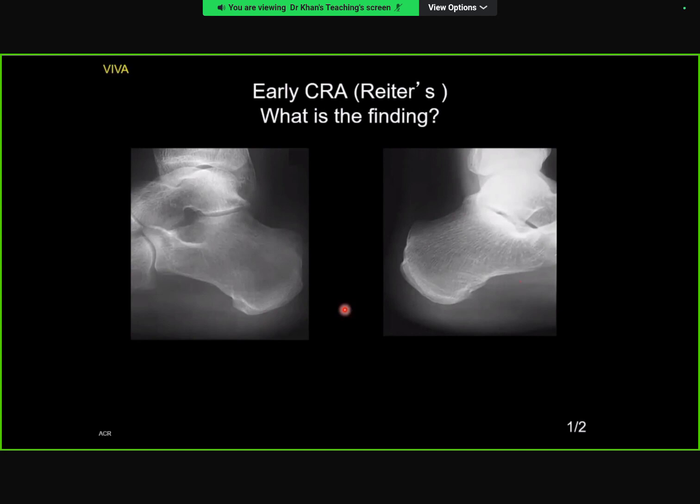So these are lateral radiographs of the calcaneum of both feet of a skeletally mature patient.